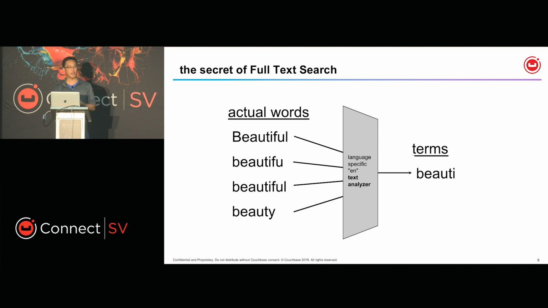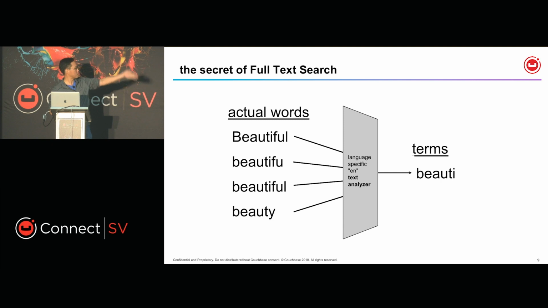Once the input words, the actual words that you have from your documents and your fields, go into the analyzer, they get converted into what's called a term. The term isn't necessarily exactly equal to an English word that we're familiar with. You're not going to see it in the dictionary somewhere.